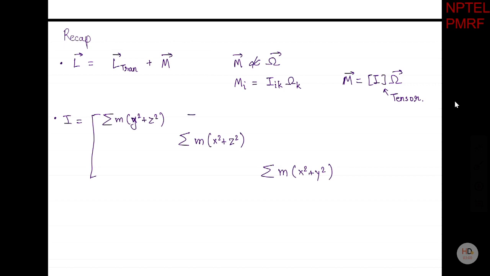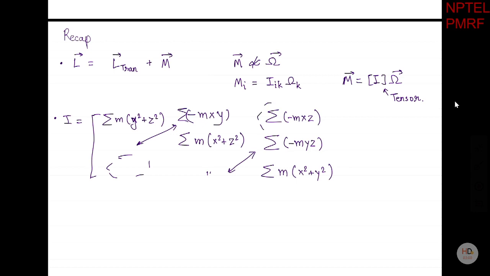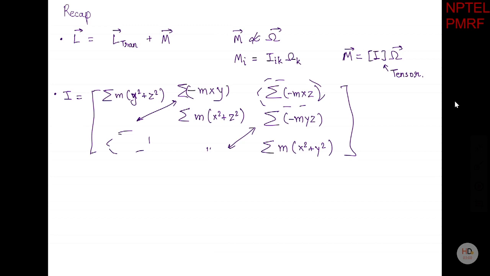And the off-diagonal terms are mass times minus xy, this is the xy component, then the xz component would be minus xz, and this would be minus yz. It's symmetric, so this one is equal to this one, and this is the same as this one. So clearly it's not diagonal, but we can make it diagonal.